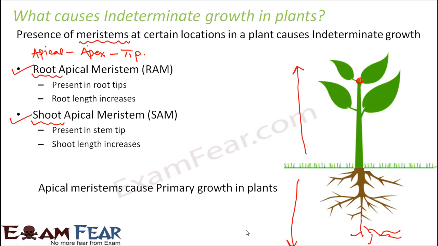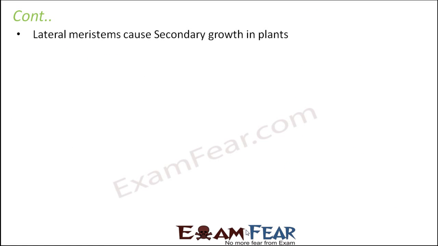So this is the primary growth, that is the growth in length. Now there are lateral meristems which cause secondary growth in plants. When we talk about secondary growth, we talk about the increase in width or the girth, whatever you call it. Now these lateral meristems are also known as cambium. So cambium is another name for lateral meristems.